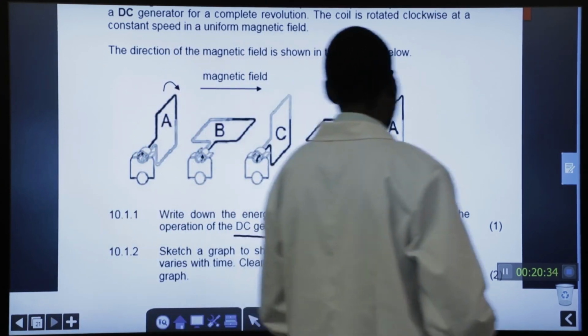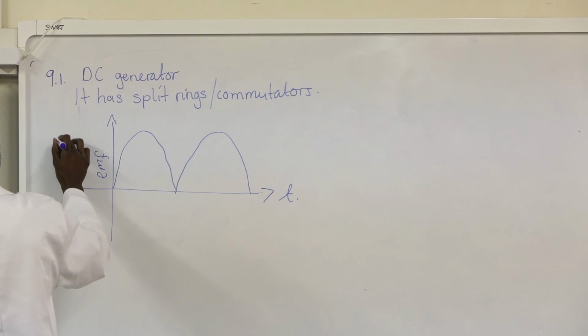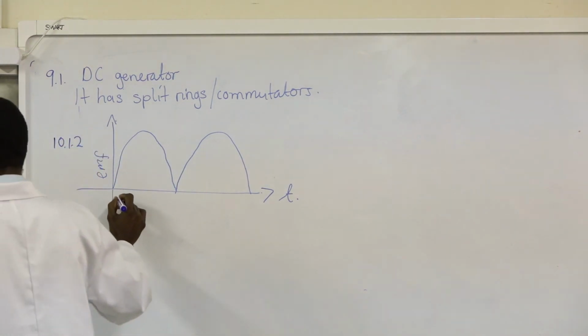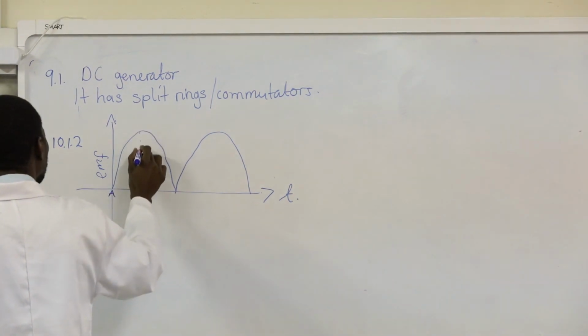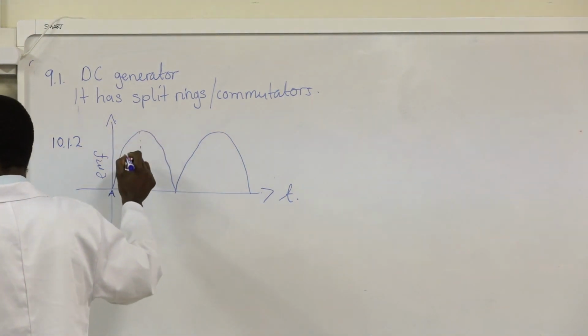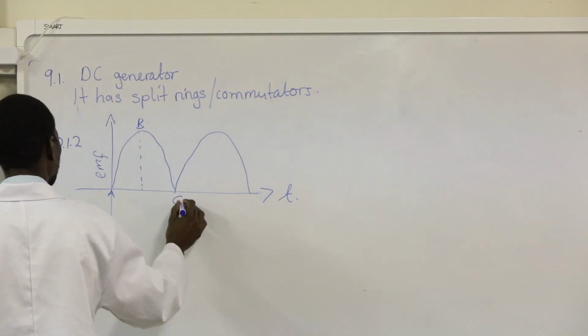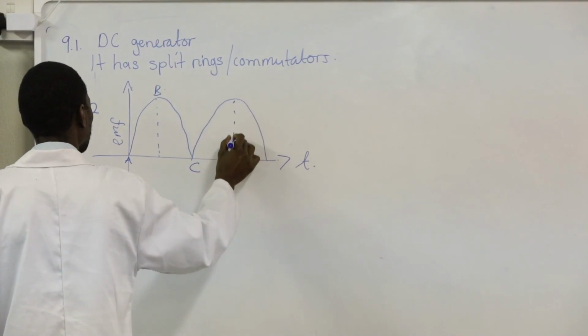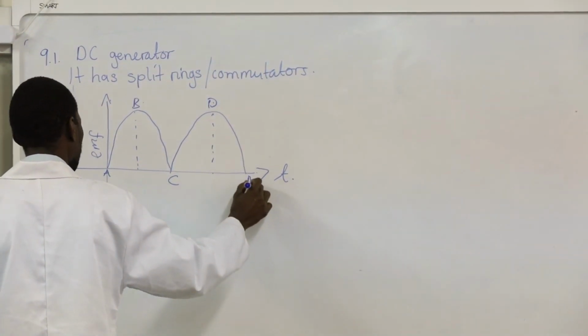I can use the same graph here, just so that we can save time. Say my part A is here. At the highest, I've got part B, and here I've got part C, part D, and A again.